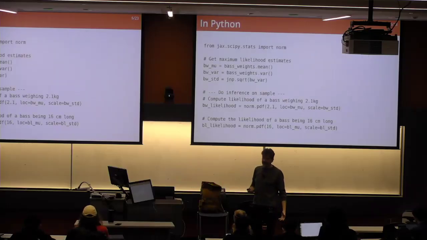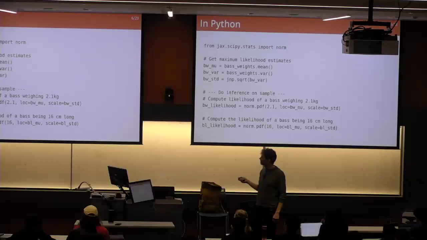In Python, using JAX, you can very easily get the mean and variance of any list of numbers. So if I've got all the bass weights in an array, I just ask for the mean, and I get back the mean. If I have the weights in an array and ask for the variance, I get back the variance.